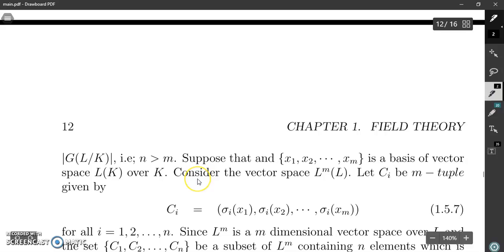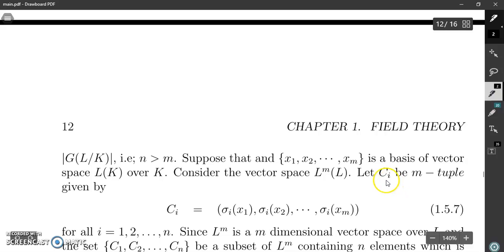Now we consider the vector space L^m over L, and also suppose that its elements are given by the following.